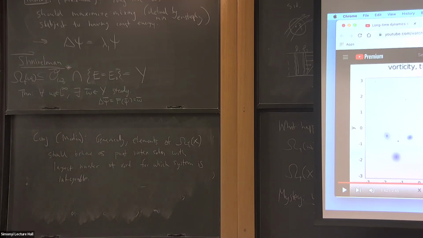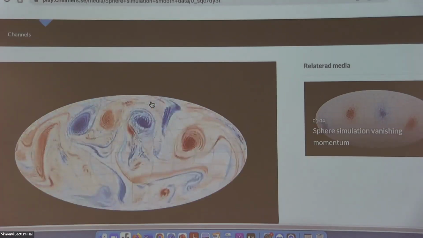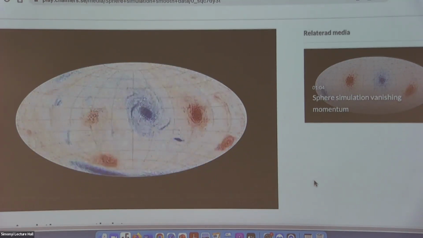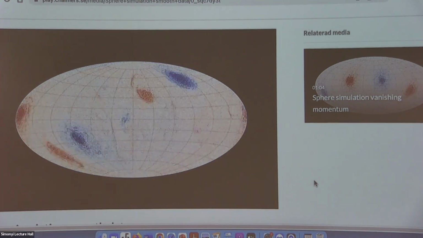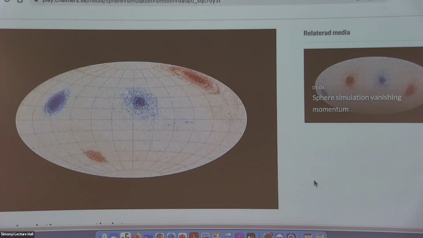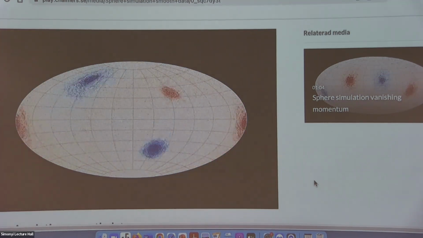Okay, so let's just see the final two things, which are just some verification. Here the simulations are done on the sphere, and it's using Zeitlin's model, which is a better way to discretize the fluid equations than what I use, which is just Galerkin. So this carries more of the Casimir information at the finite level.